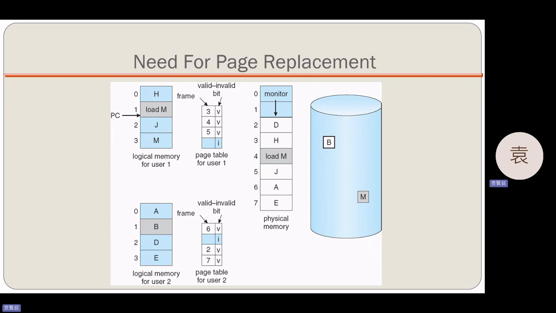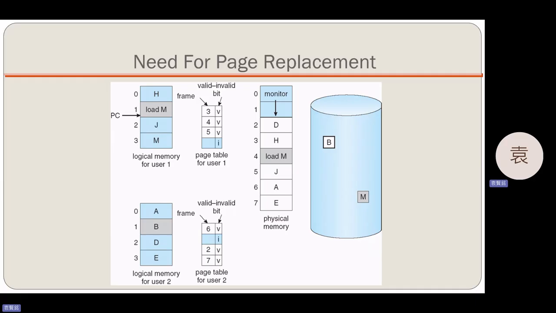For the second process, in the bottom half, again we have 3 pages in physical memory, and page 1 of the second process is also invalid.